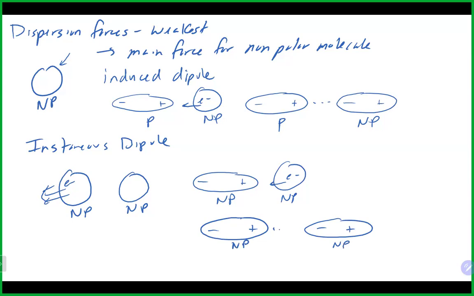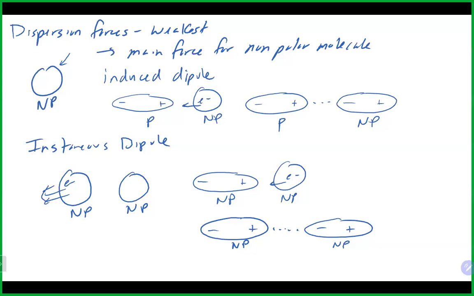Now these molecules that originally had no way to interact with each other have temporarily created a way, because of the electrons going one way or the other. This is what is sometimes referred to as polarizability: the ability of the electrons to go one way or the other and distort the electron cloud temporarily.